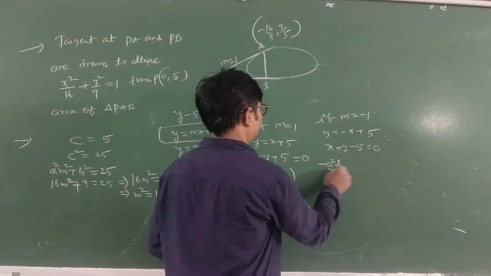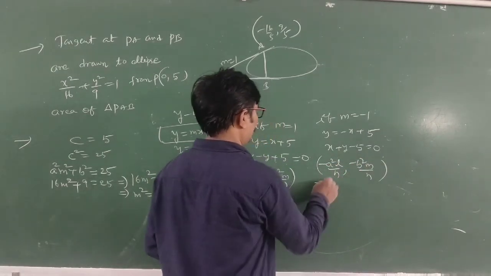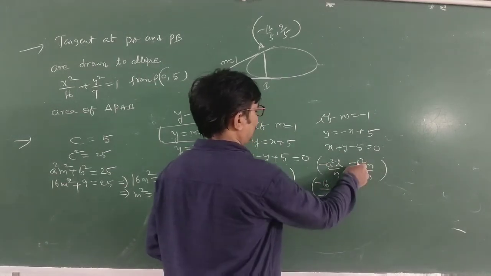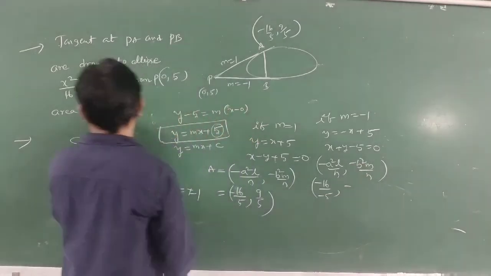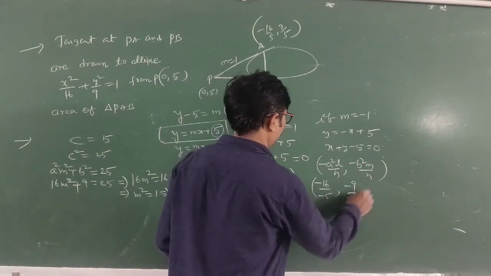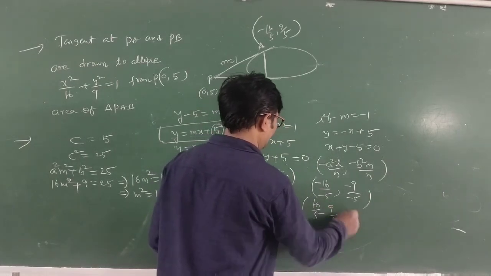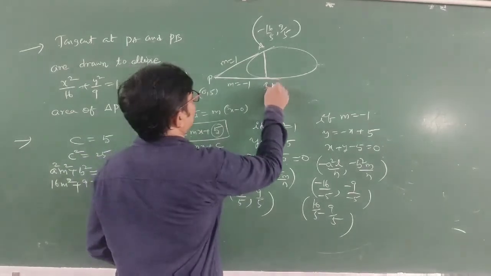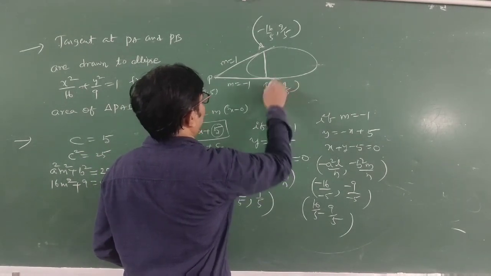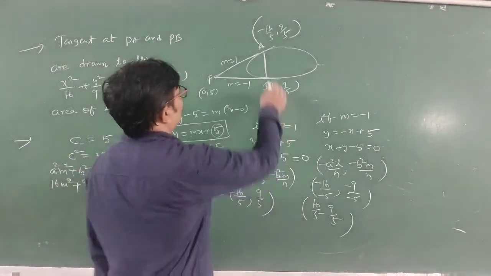So minus a square l by n, minus b square m by n: minus 16 into 1 upon minus 5, and minus b square, where b square is 9, m is 1, n is minus 5. So this is 16 by 5, 9 by 5. These are the points.